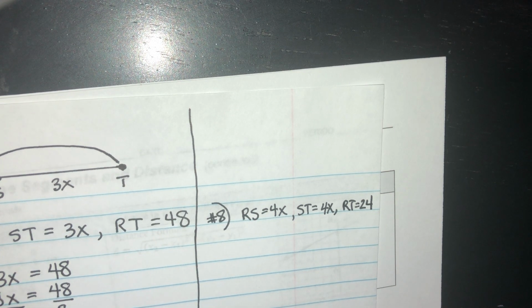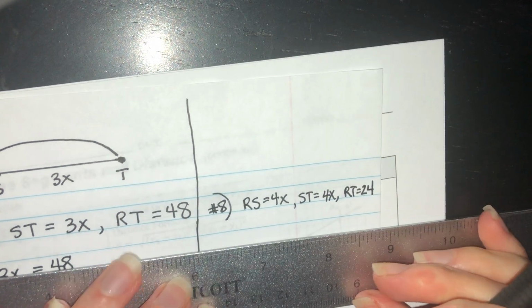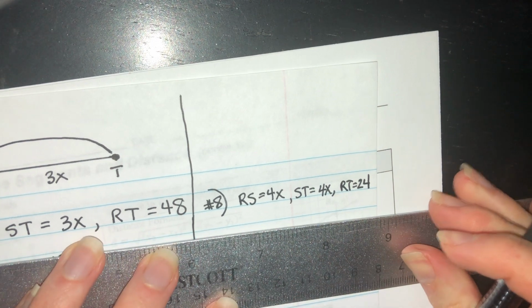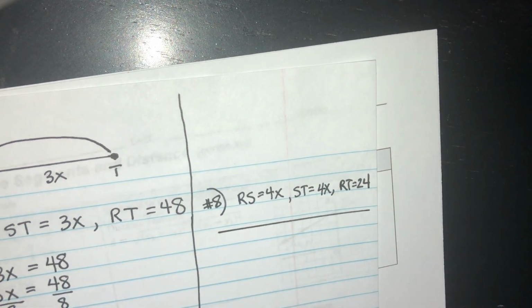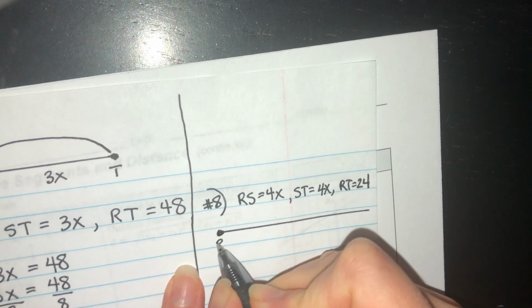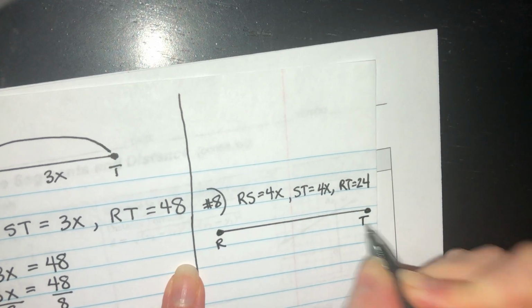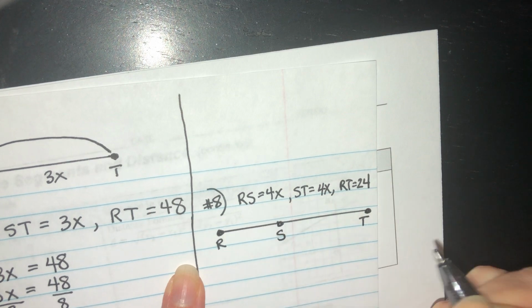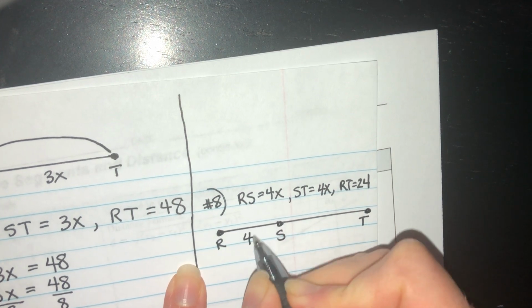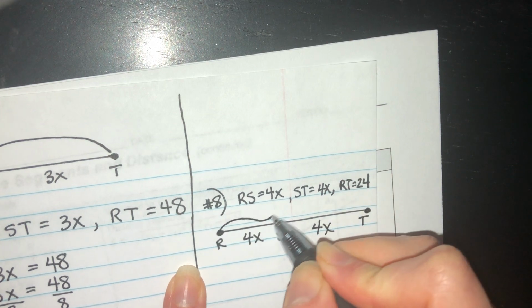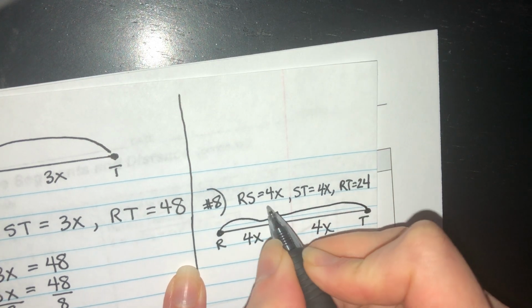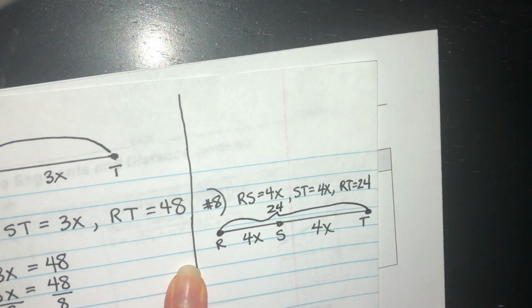So if I draw my picture, here's my line segment. Points R and T are on the ends. S is somewhere in between. RS is 4x, ST is 4x, and the total distance is 24.